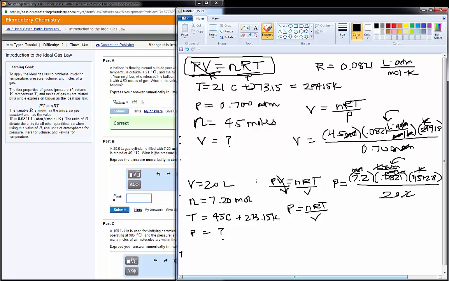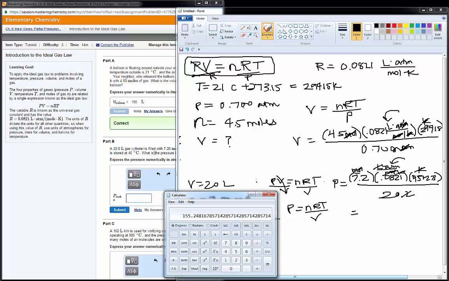We're left with atmospheres, which is what we want for pressure, so we know we did it right. I can plug this in. 7.2 moles times 0.0821 liter atmospheres per mole Kelvin times 45 plus 273.15 gives us Kelvin temperature of 318.15. Divide that by 20 liters, and that gives me a pressure of 9.4 atmospheres.